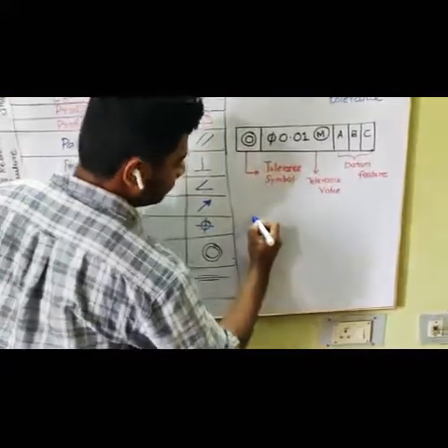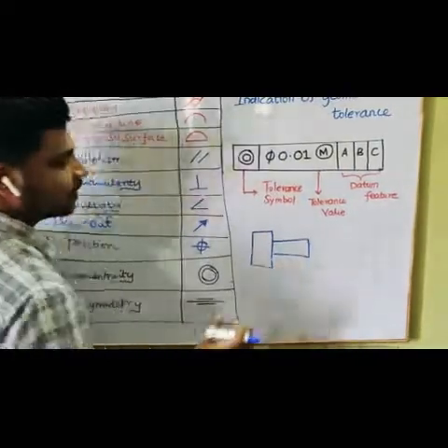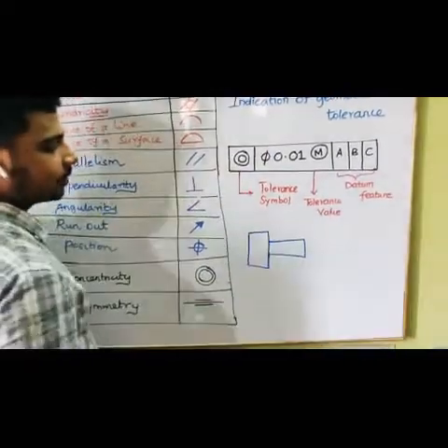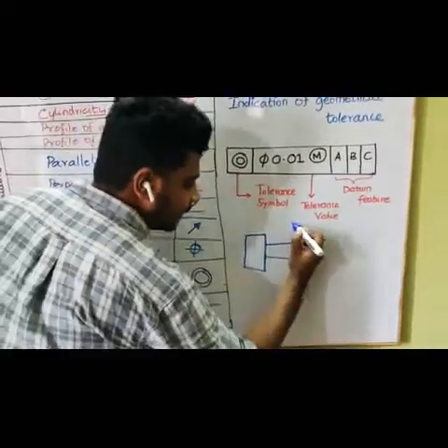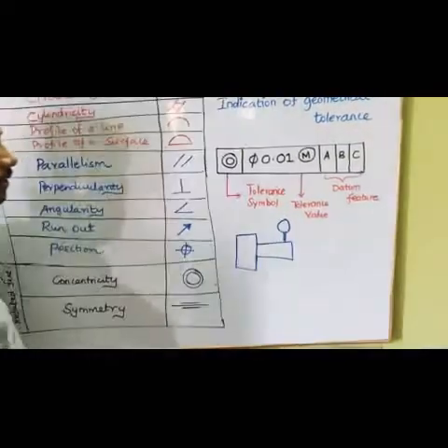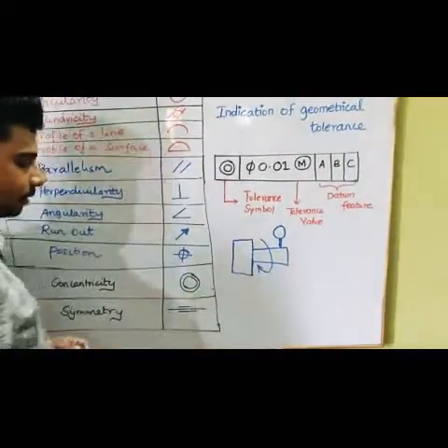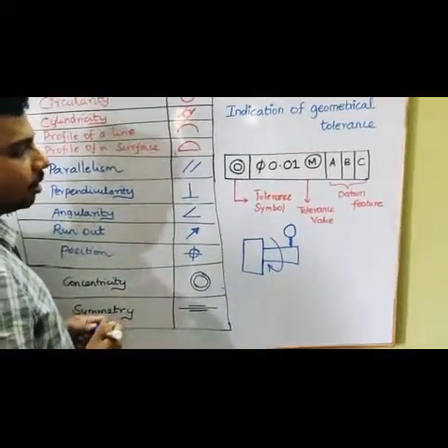What is runout? Suppose you have an object with a shaft like this, and I fix a dial gauge at the top. I rotate my shaft 360 degrees at a particular RPM.